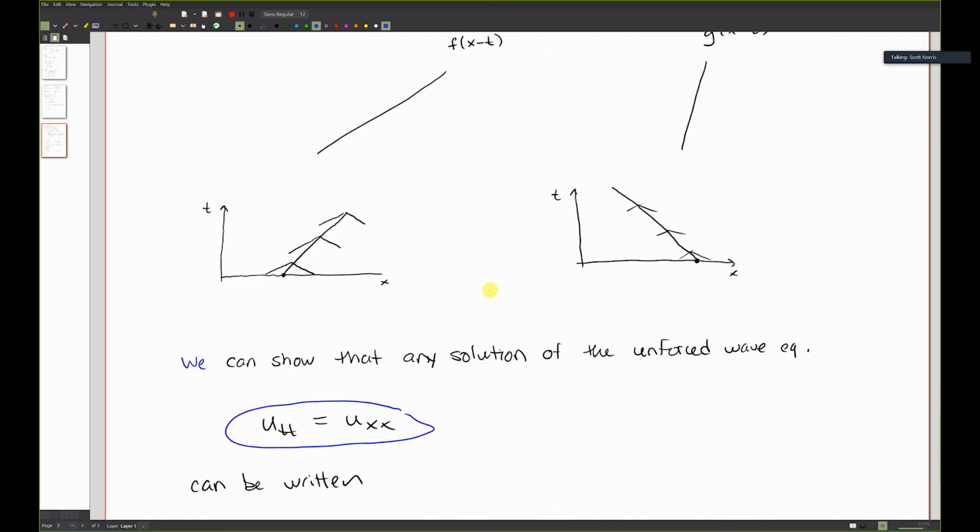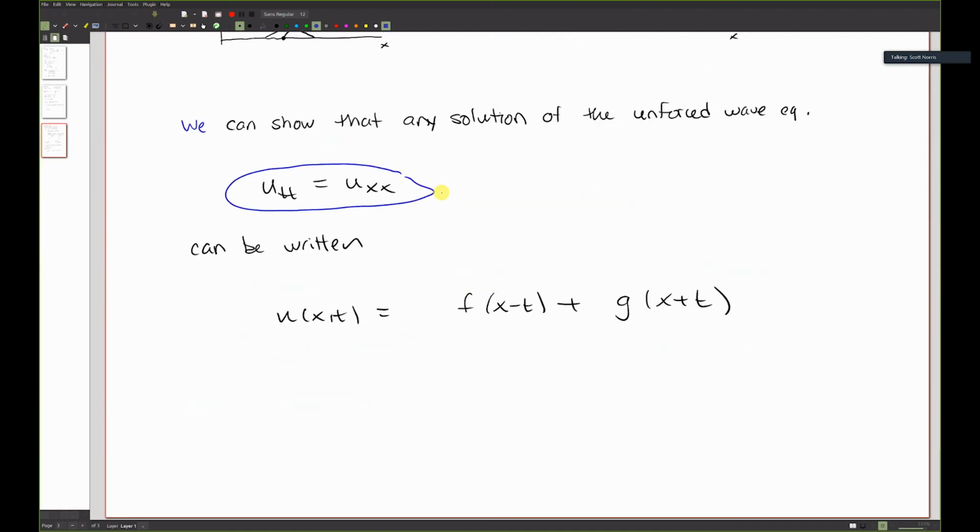So it's interesting that, at least if there's no forcing, your solutions have such a simple form. And it suggests that for this specific situation, we might explore the consequences of this form a little bit more, really try and understand how these left and right moving waves behave, what happens when they hit a boundary, and so on.